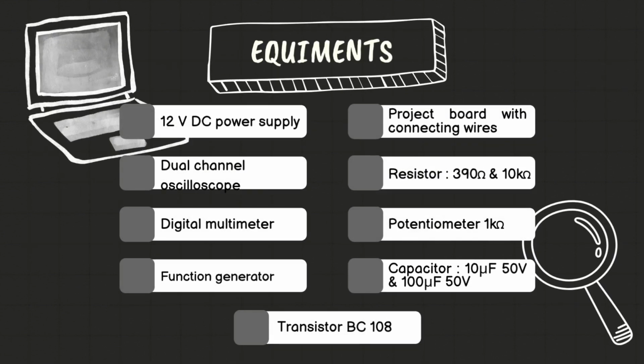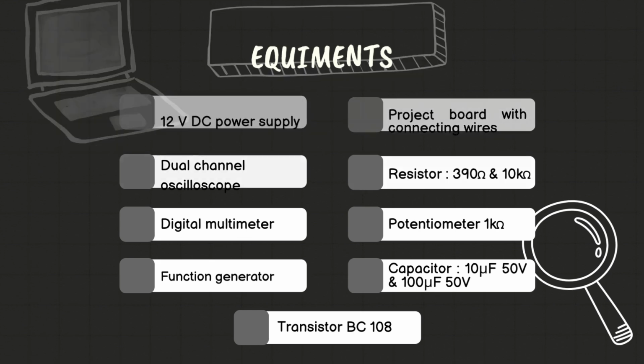For the equipment, we have a 12-volt DC power supply, dual channel oscilloscope, digital multimeter, function generator, transistor BC108, project board with connecting wires, resistors 390 ohm and 10k ohm, potentiometer 1 kilo ohm, capacitors 10 microfarad 50 volt and 100 microfarad 50 volt.